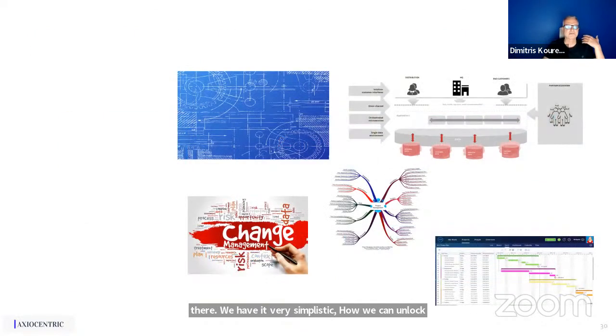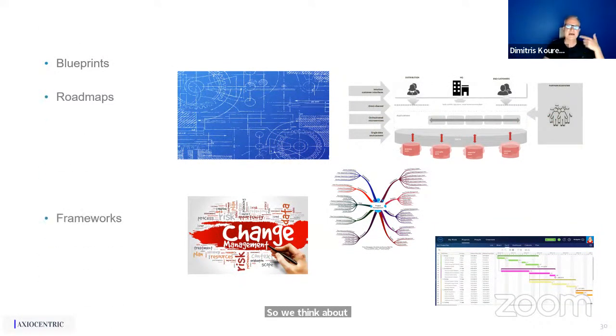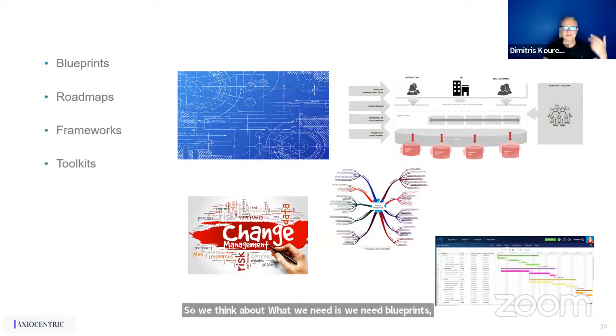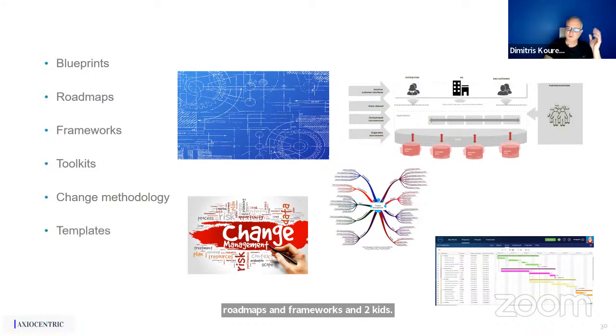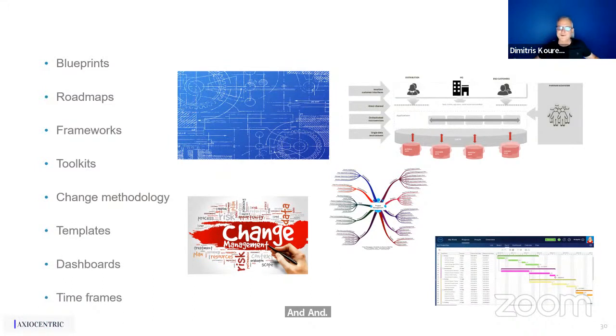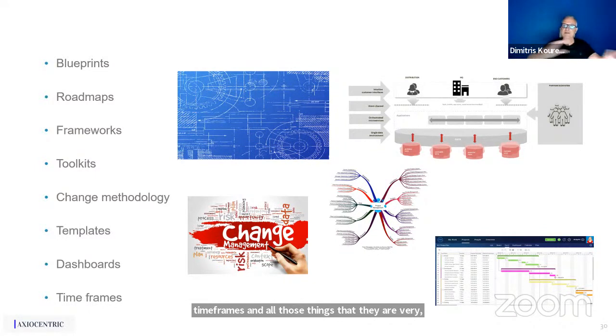So we think what we need is blueprints and roadmaps and frameworks and toolkits and methodologies and templates and dashboards and timeframes and all those things that are very tangible, very clear, go from A to B, very well structured.